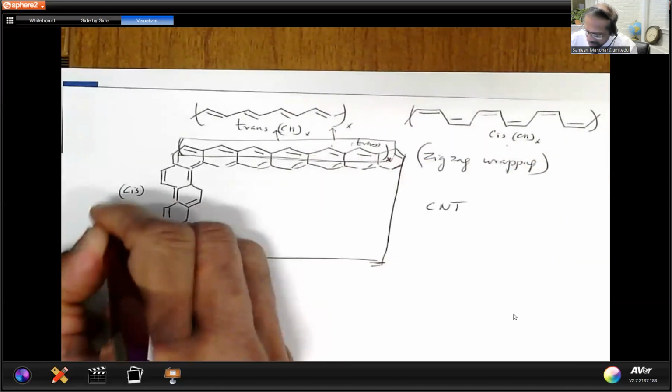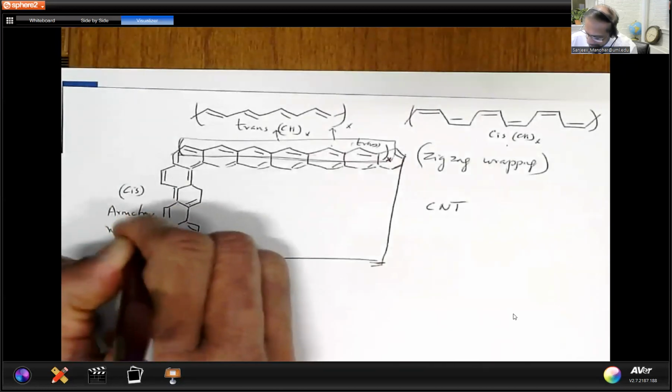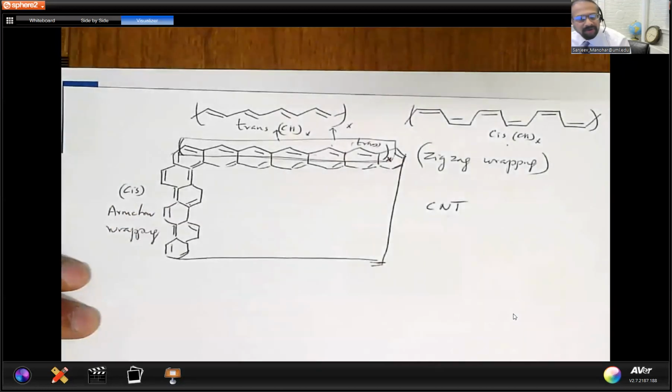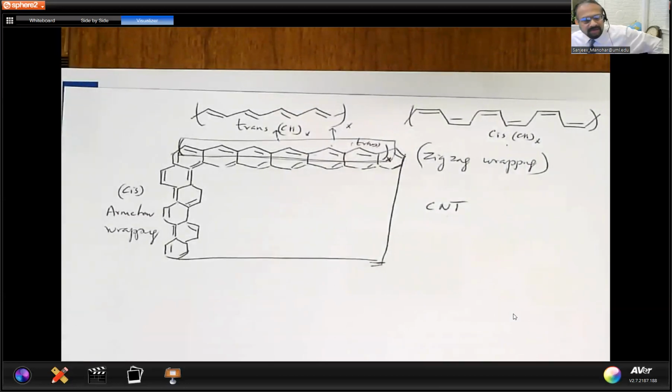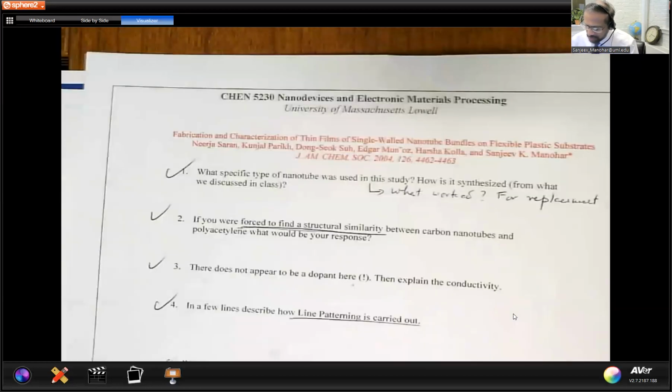This is the armchair wrapping. If you don't know what I'm talking about, go back to the slides and see nanotubes can be wrapped this way or that way. It gives you semiconducting or metallic properties. So they are structurally similar to conducting polymers, at least in their insulating form. That was the idea. That's question number 2.